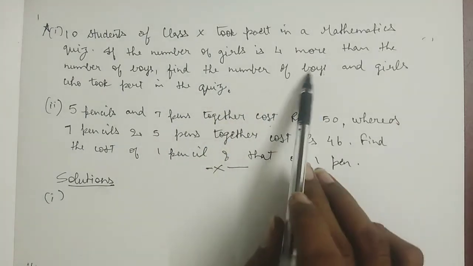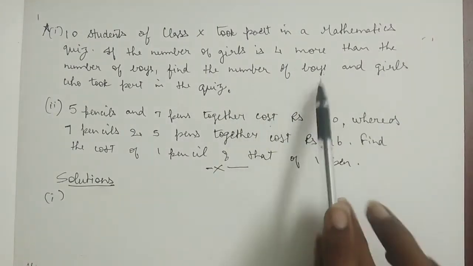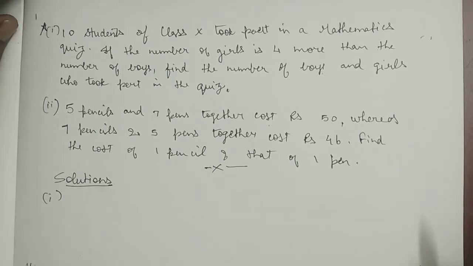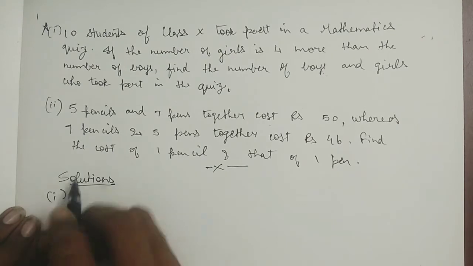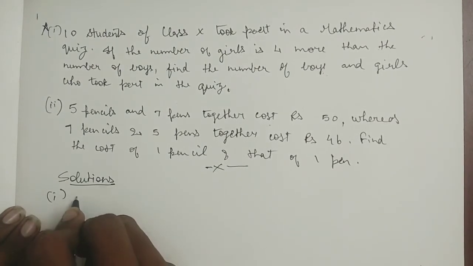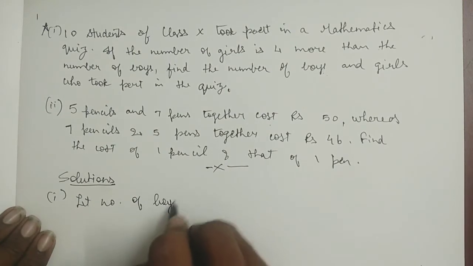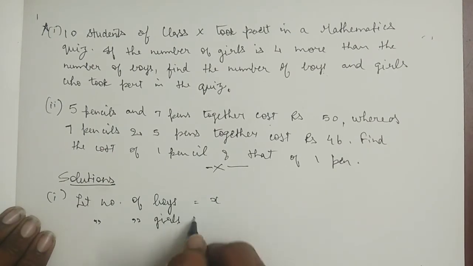So we keep the number of boys as x and the number of girls as y, because these two are the values which we don't know. So let the number of boys be x and the number of girls be y.